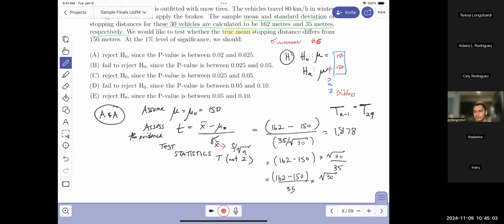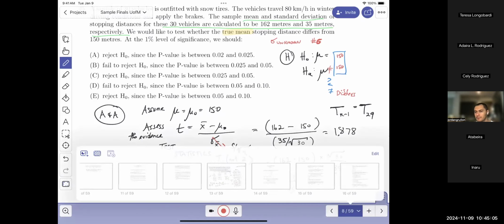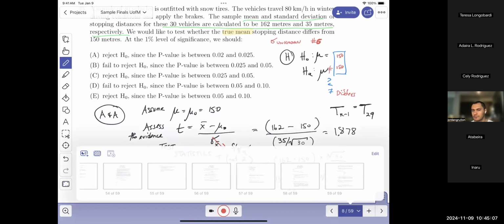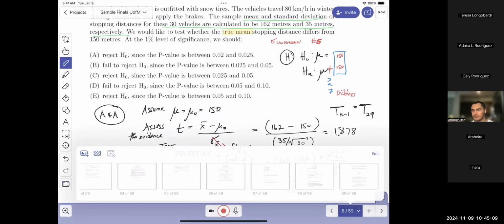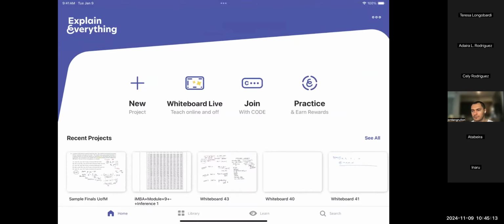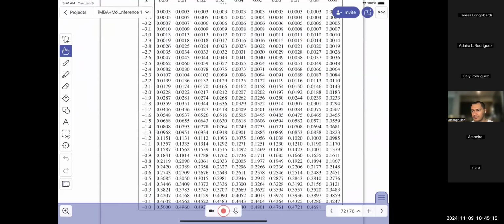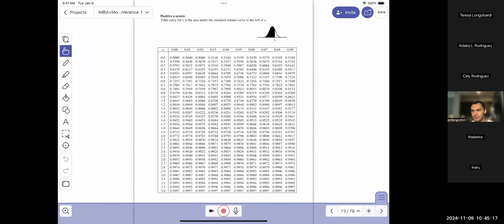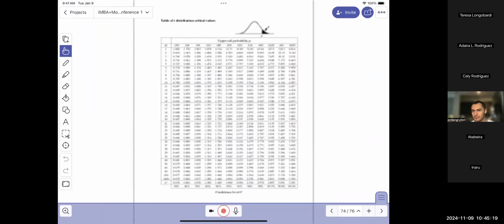We're going to go to the T table at the end. It's not here, it's on the other document. I explain how to use the T table in the videos. If I don't, let me know.